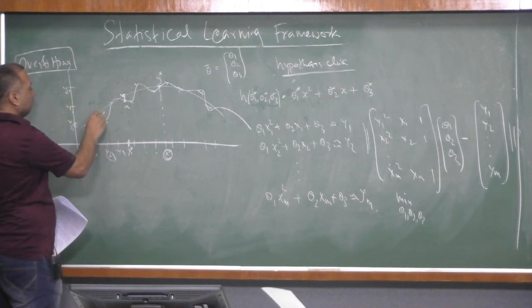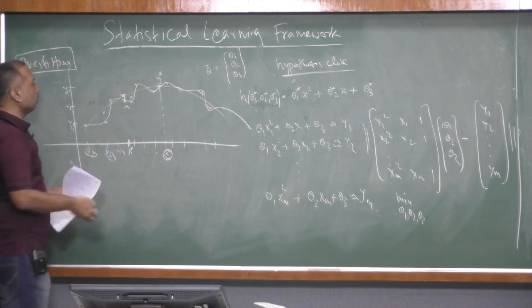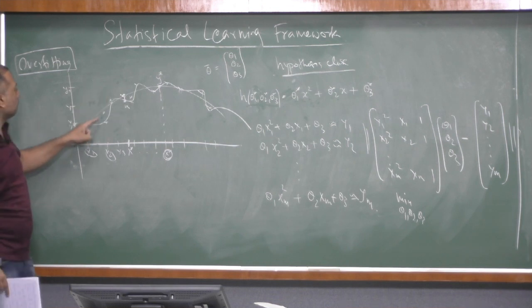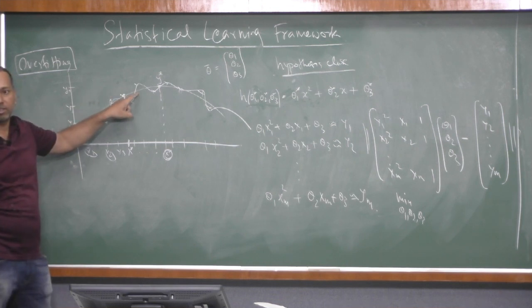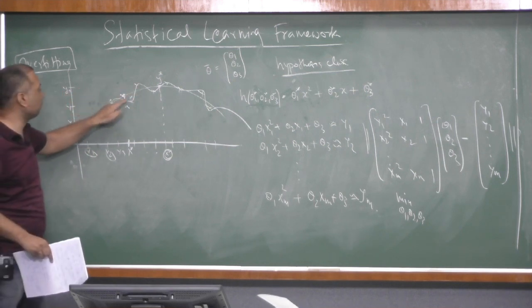Data was supposed to be here, but it's here. Data was supposed to be here, it's here. So the underlying pattern in the data was essentially quadratic. The data collection process went a little bit up and down, and you thought that no, I have to perfectly match the data, which you are not supposed to do, because data collection itself usually has a little bit of error.